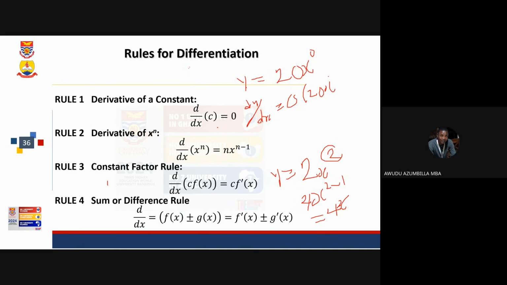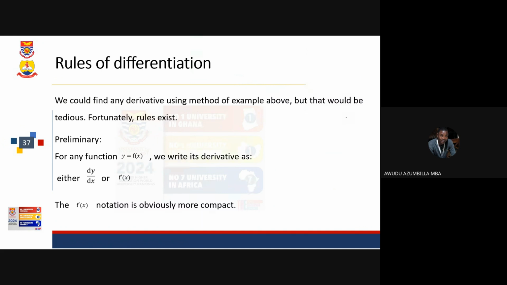So I'm going to put 0 minus 1, and that will give you 0 multiplying 20x to the power of minus 1. Obviously, if you multiply 0 by this function, you are going to get 0. And that's the reason why we are saying that when you are differentiating a constant, you are going to get 0. The rest of the rules are applicable. We are going to look at an example of each of them. Then we don't have to worry ourselves about them.